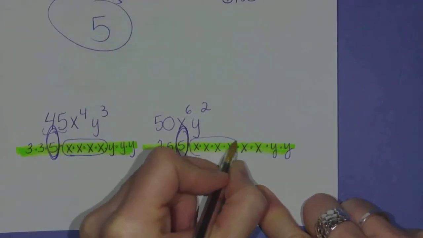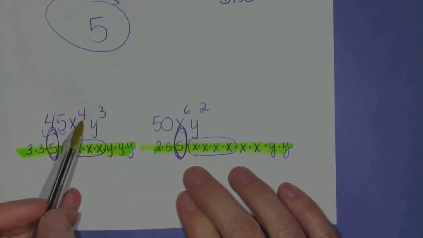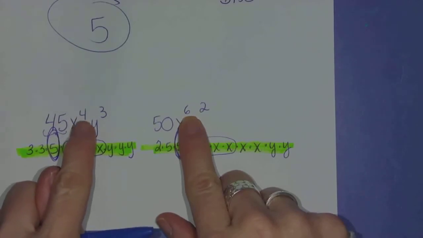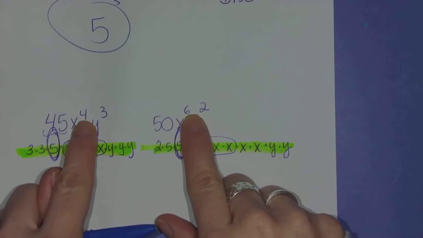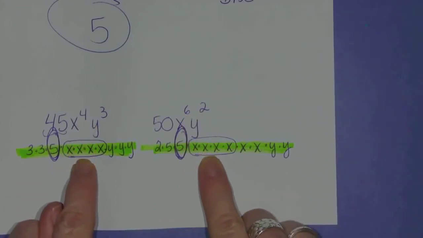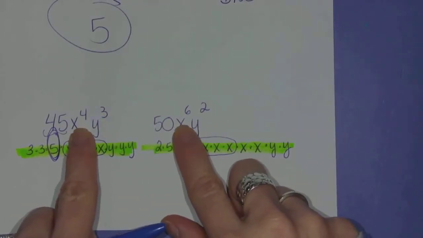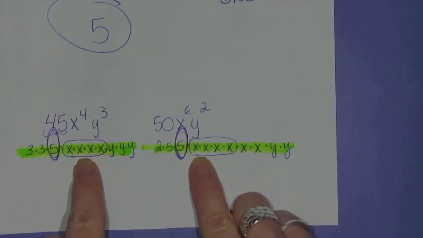So the idea is, guys, when you're doing a greatest common factor, you actually end up taking the lower of the two exponents because the lowest amount is the most these two can have in common. So that's sort of a shortcut, if you will. If you don't want to write these all out, you just say, well, this has 4 and this has 6. So at most, they have 4 in common.